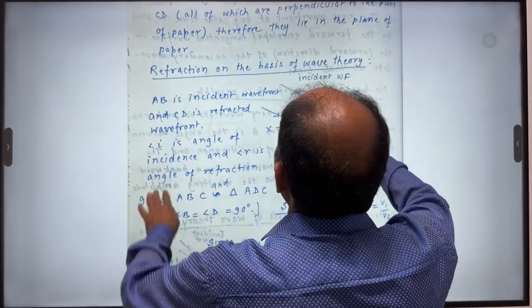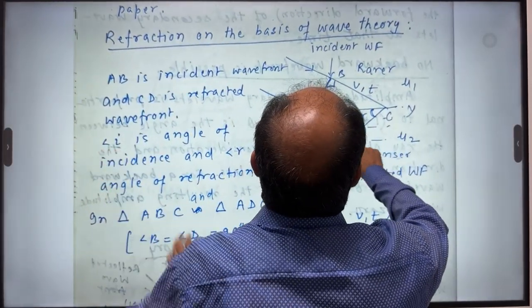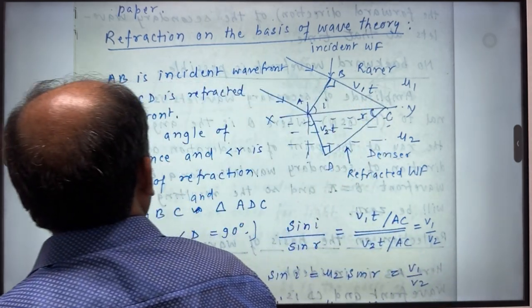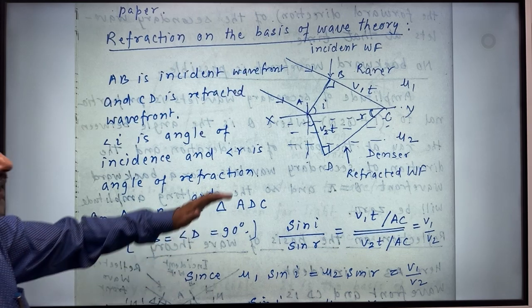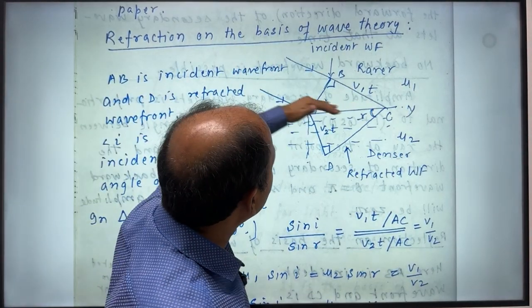Now, we are going to see another thing, that is refraction on the basis of wave theory. So refraction, you understand that when a light ray enters from one medium to another, then its speed changes, and if the medium is denser, then speed will decrease. So here we are going to consider these two rays.